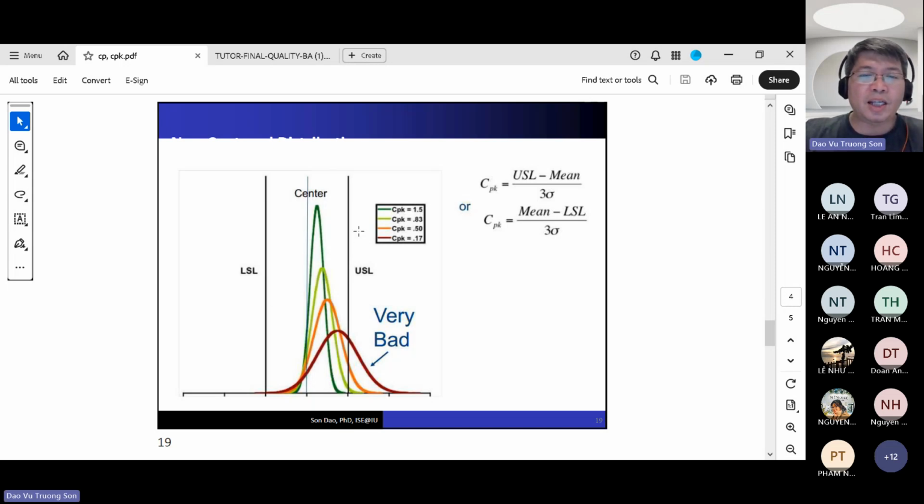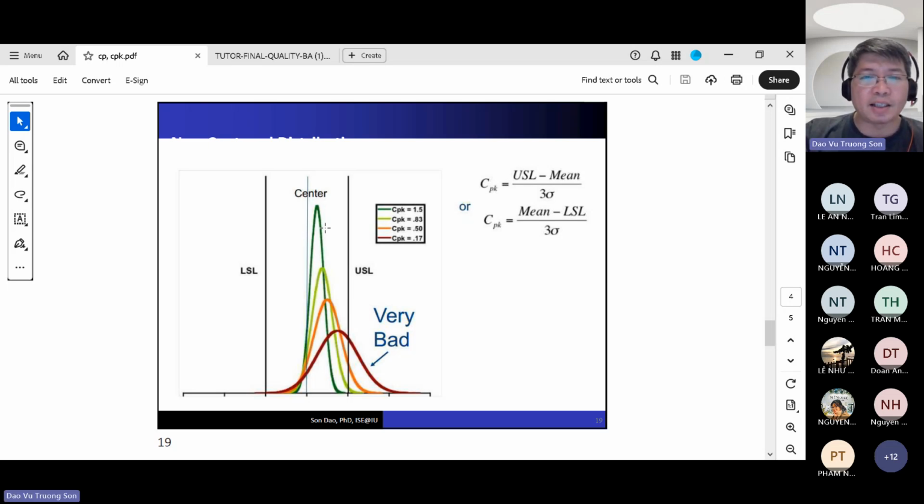You can see in the dark green case, the original CP is 2, so even if the process shifts to the right, CPK is still 1.5, and that is still very good.